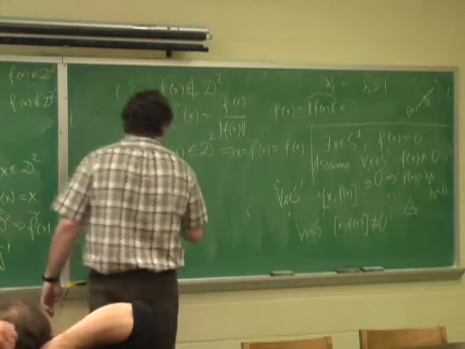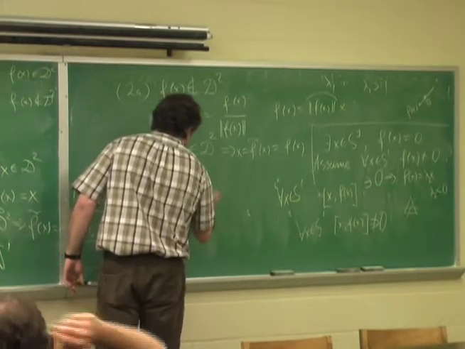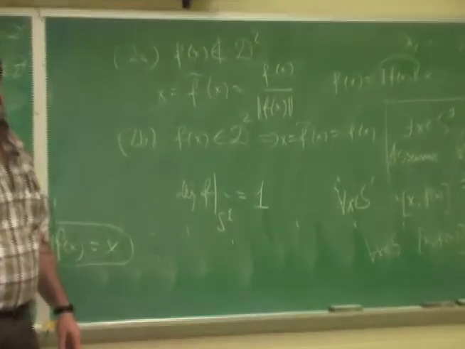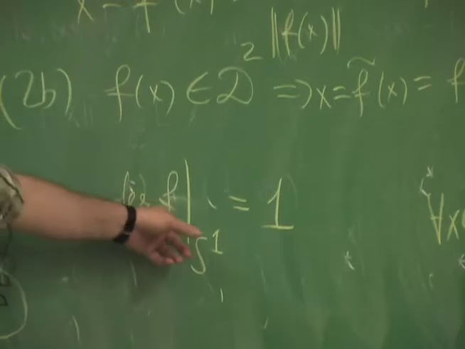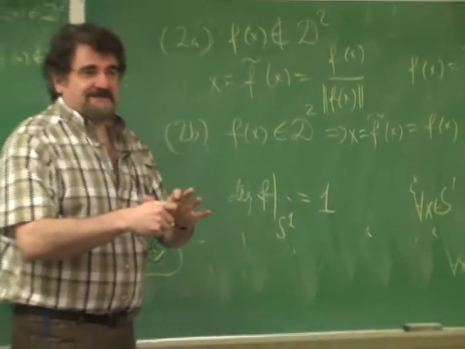So I get that the degree of f restricted to S1 is 1. But sorry, it is 0. Why? Because f is extended continuously to the whole disk.